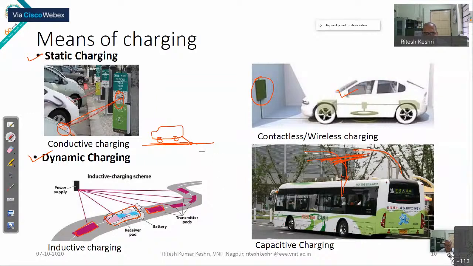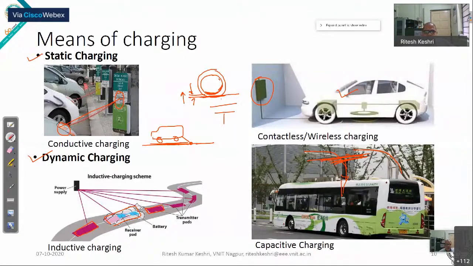Then there is capacitive dynamic charging also. Here is the wheel, and this is the ground. In the ground we have a capacitive plate, and when it comes in contact, it acts like a parallel plate capacitor.